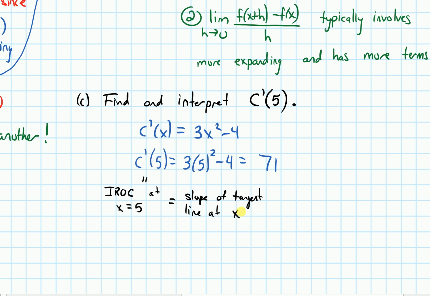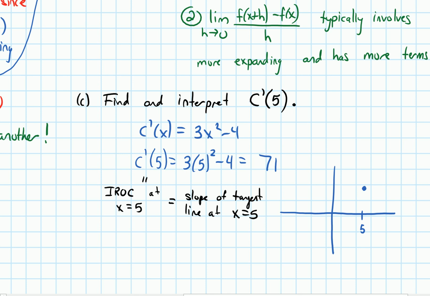So if we use that idea to motivate us, if I were to just draw a rough picture here, let's say I have my axes, and the point that I care about is when x equals 5. Wherever the point is on the graph where x equals 5, I don't even have to draw the rest of the graph.